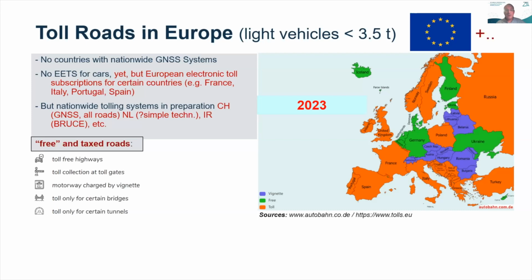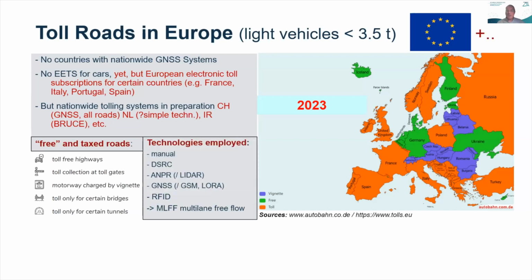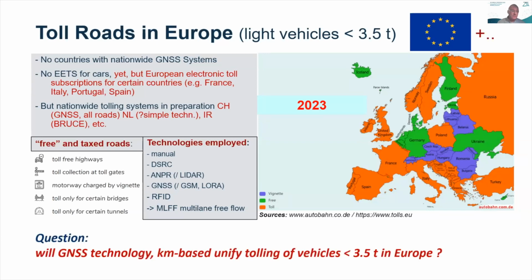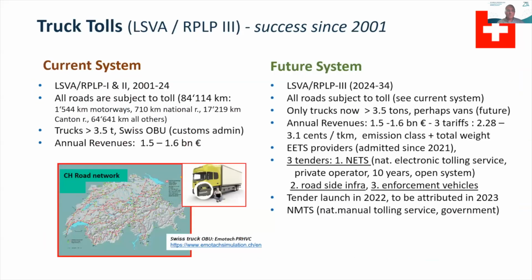There is no EETS for cars, no European Electronic Toll Service, but there are nationwide tolling systems in preparation. In Switzerland, Netherlands, Ireland was studying it, and a lot of technology still. So it's much more a patchwork. The question is, will GNSS technology, satellite technology, kilometer-based tolls unify the tolling of all the light vehicles?